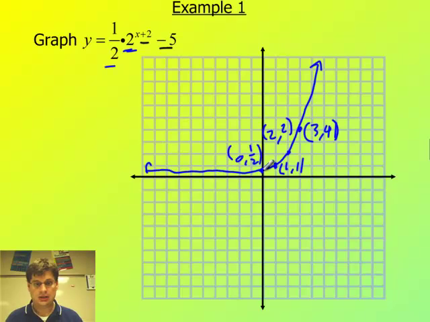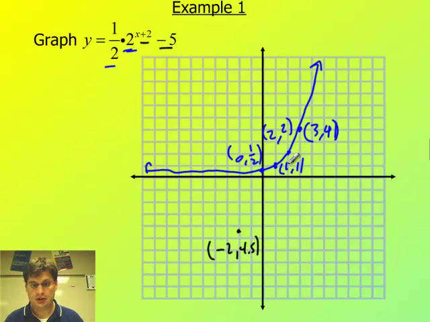So I'd take the (0, 1/2) and go left 2, and then down a total of 5: 1, 2, 3, 4, 5. So that would put me at (-2, -4.5).